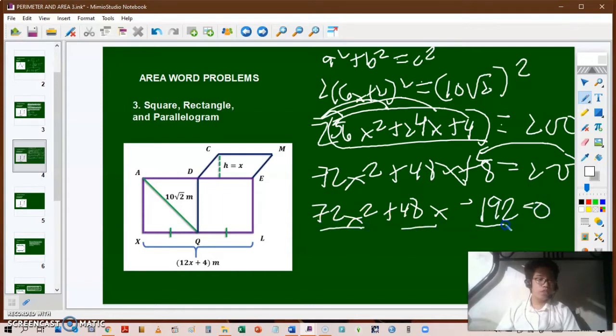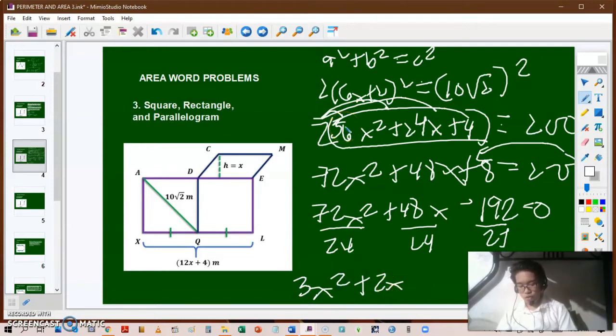Then we can divide these terms by their common multiple, which is 24. So we get 3x squared plus 2x, so that we can solve it much faster, and then 192 divided by 24 is minus 8, equal to 0.